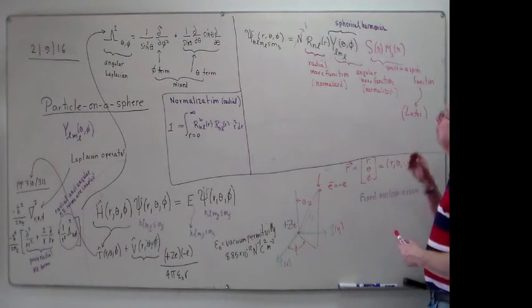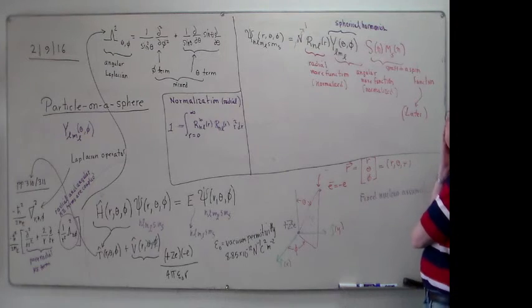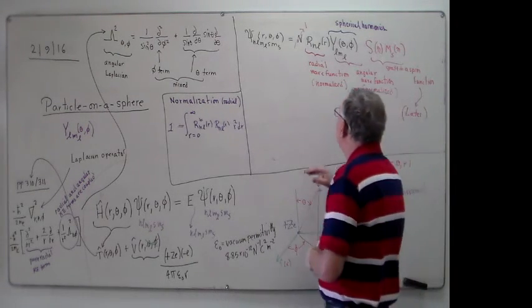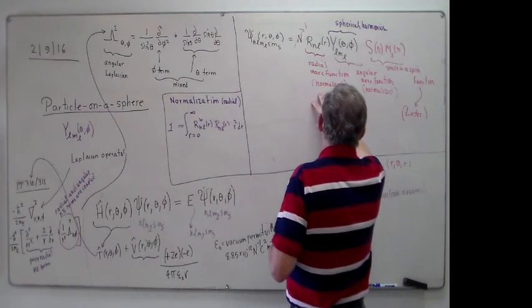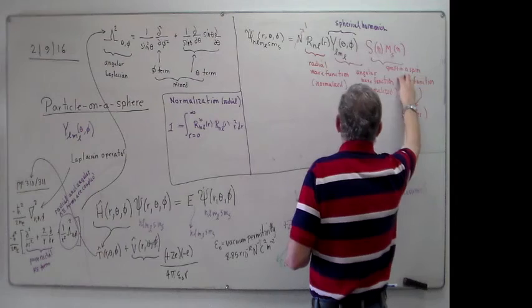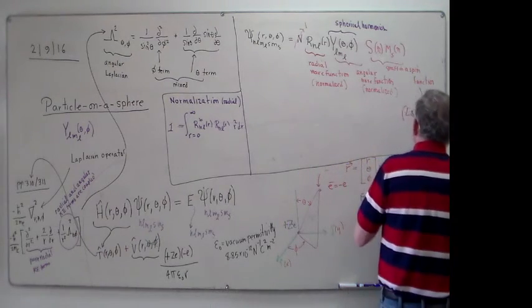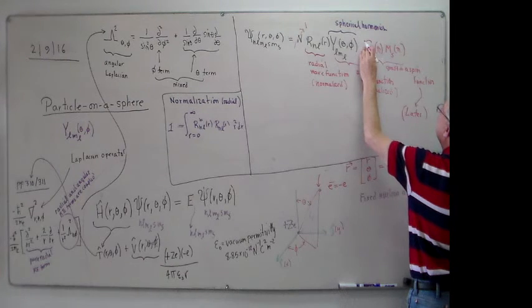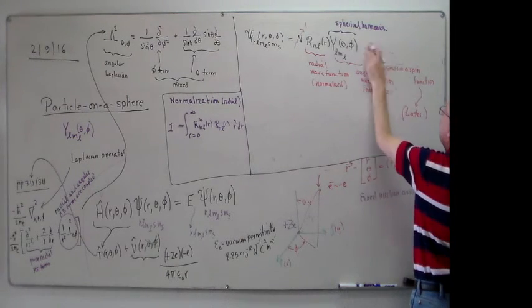Okay. Now, what do we have here? We have a radial wave function that's normalized, an angular wave function that's normalized. If we want spin wave functions, I don't like what I did there. Yuck.